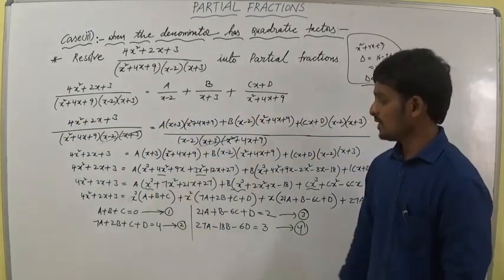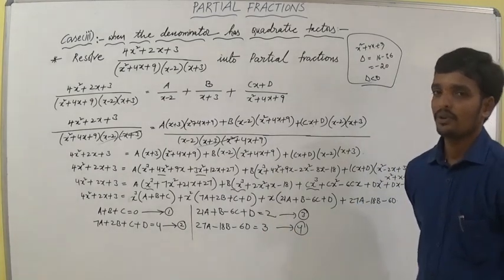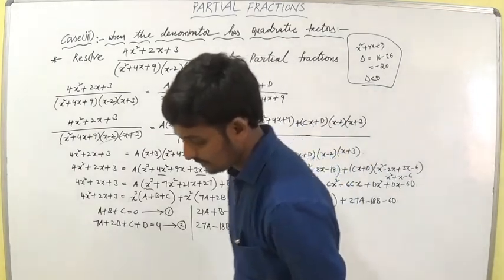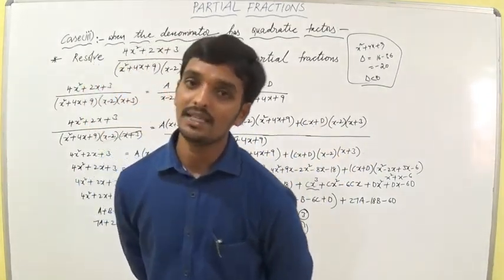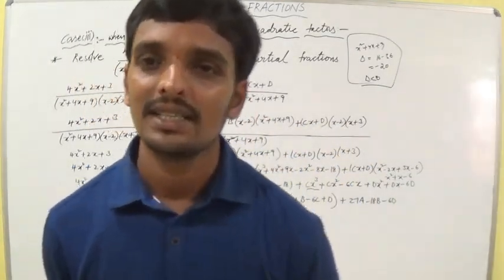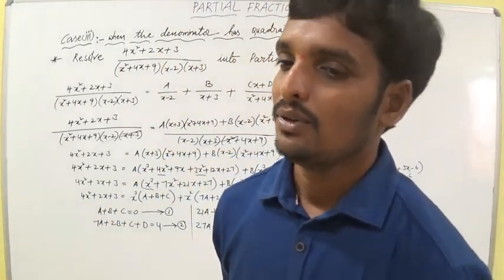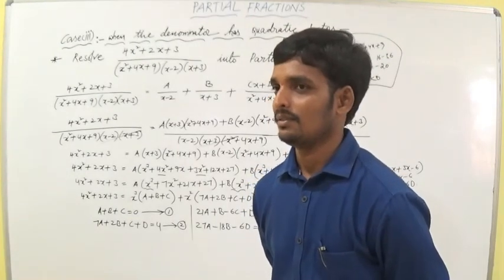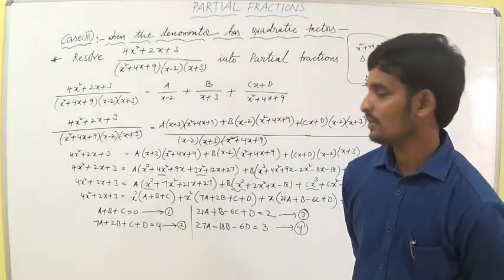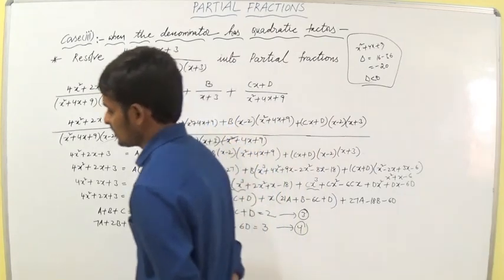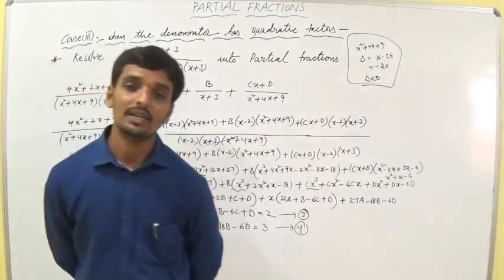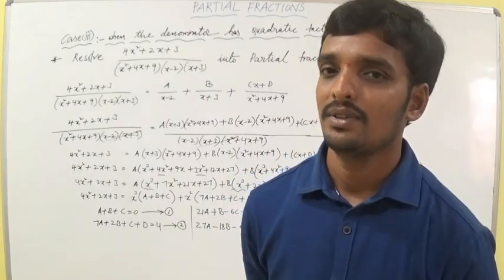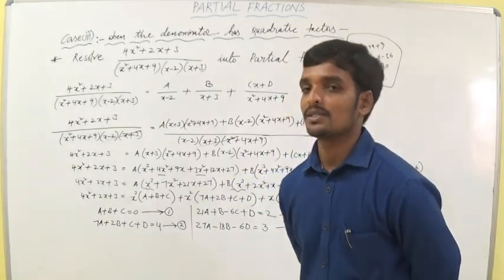By using these 4 equations you can get the values of A, B, C, D, E. This is the second method. So now you have to think. You can use these 5 equations, you will get the values of A, B, C, D, E. Try yourself. So send me the answers.